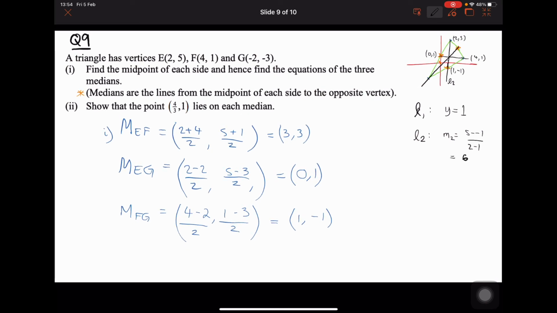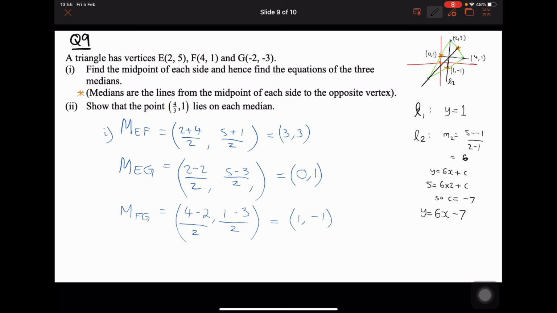Okay, and it makes sense, it's quite a steep gradient. So we have y equals 6x plus c. Now substitute 5 into this. We get 5 equals 6 multiplied by 2 plus c. So c equals -7. So I write y equals 6x take away 7.